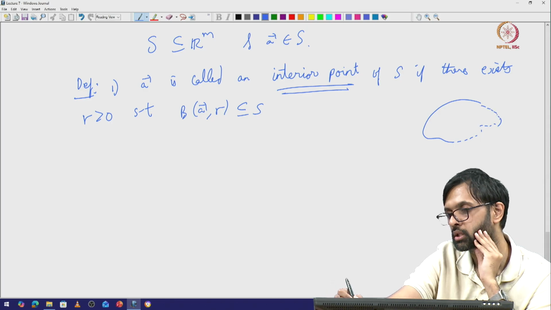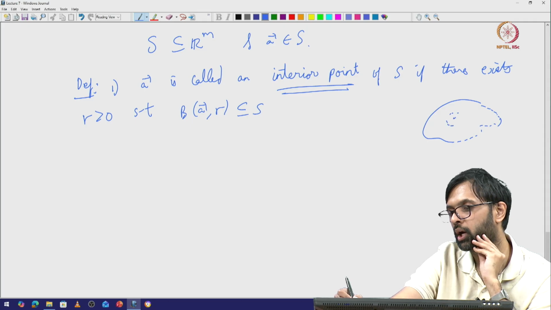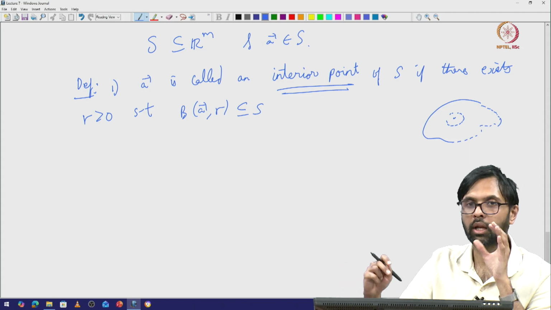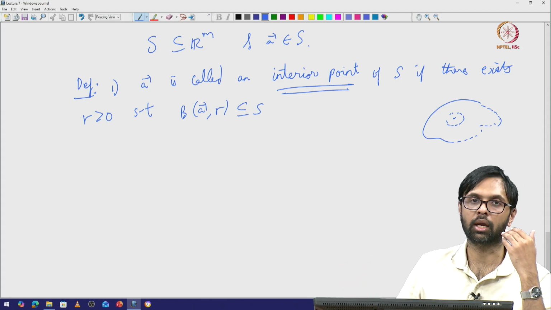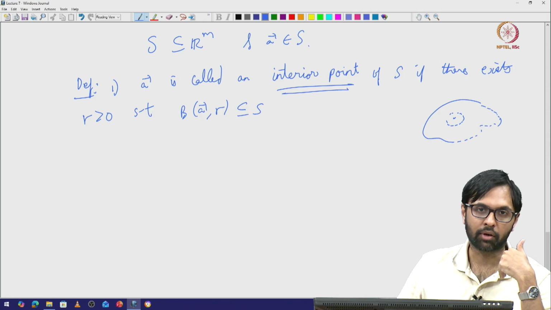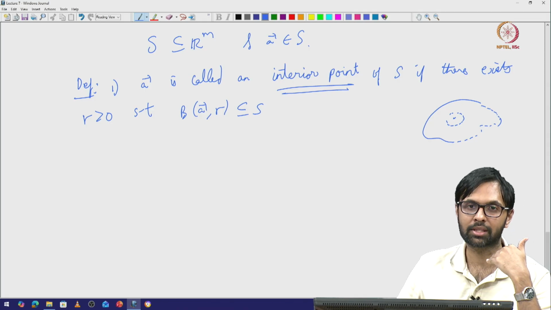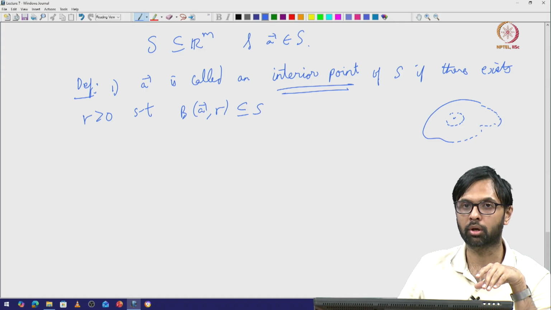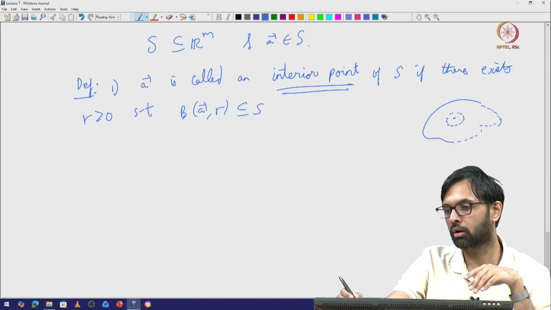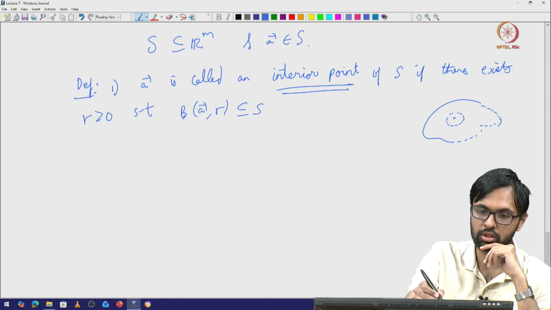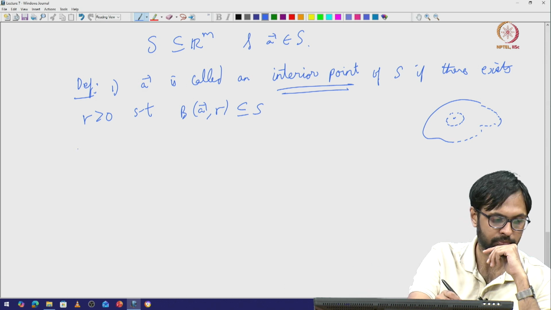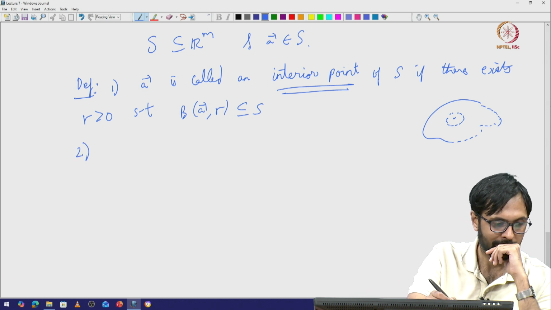An interior point is some point inside. So there must be a small open ball around it contained entirely within S. Just like in one variable calculus, to define the derivative, you need to be able to move a little bit away from x, and all those points must lie within your domain. Same thing here. So this is called an interior point of S.